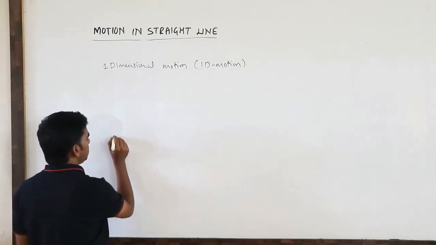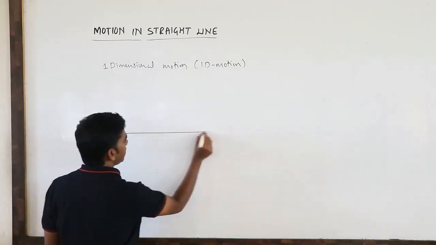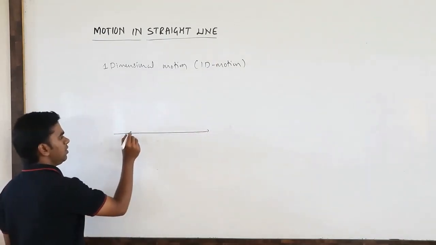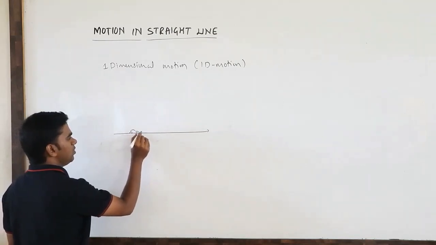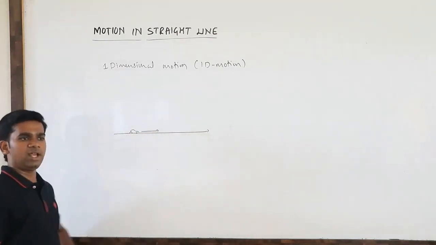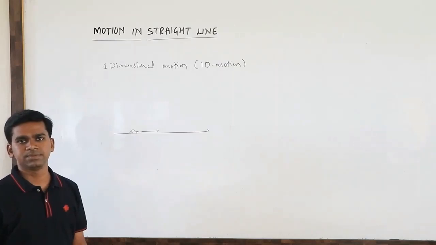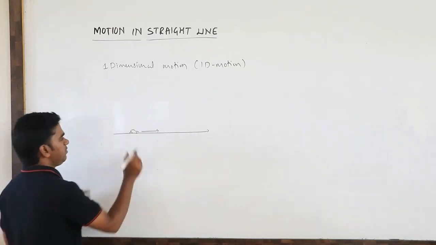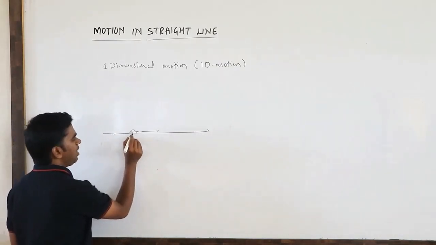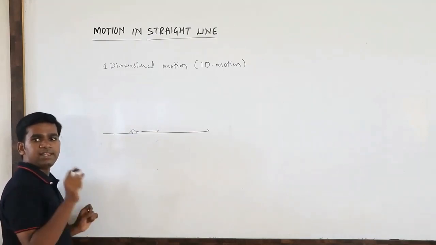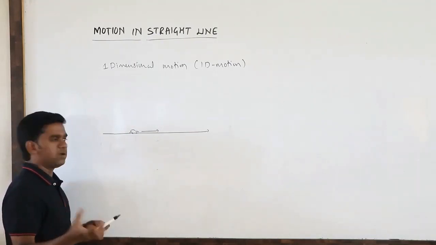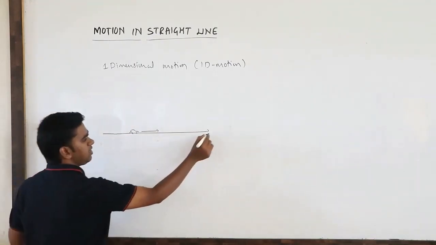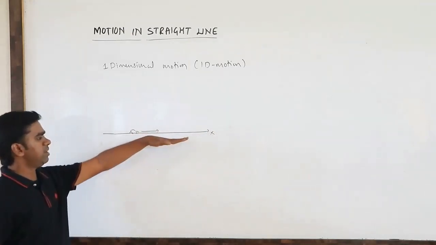It is the motion of an object in a straight line. The object will move only in a straight line, meaning only along one axis. If a car is here, to tell the position of the car, only X is required.